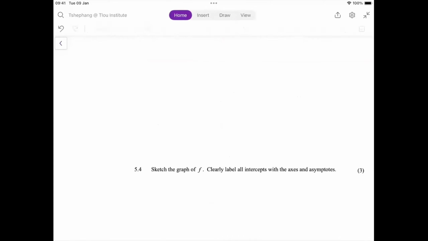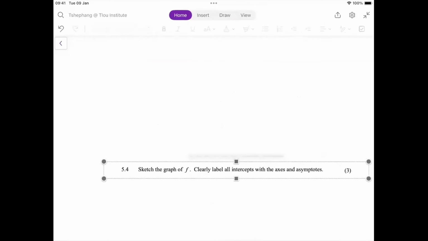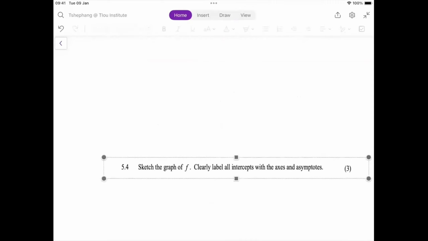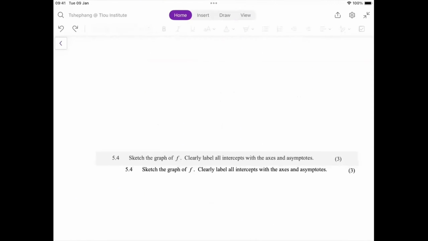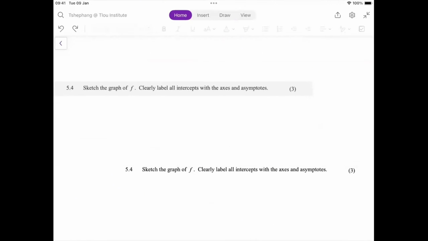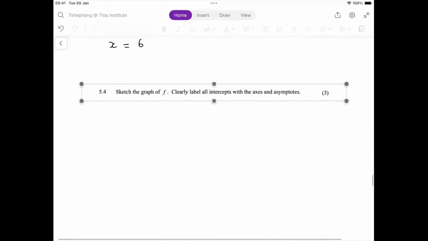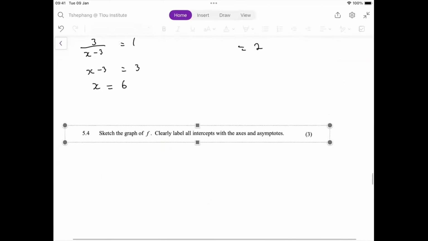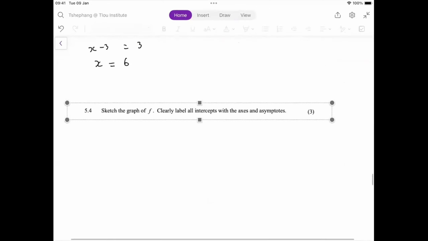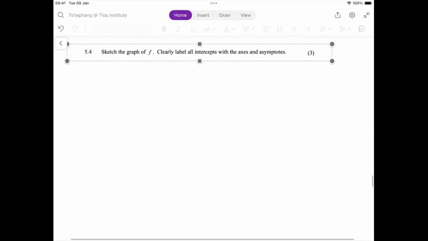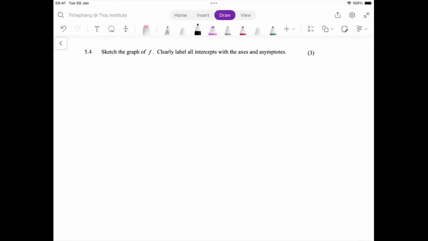Okay, now we are asked to sketch that graph. Okay, let me just move this. Sketch the graph of f, clearly label all intercepts with axes and asymptotes. Firstly, my Cartesian plane. This is the y-axis, that is the x-axis.